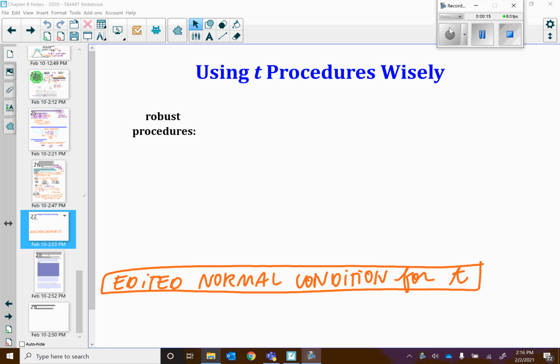So the first thing to note is that we call something robust. A procedure is known to be robust if the calculated probabilities are still accurate even when a condition for inference is not met.